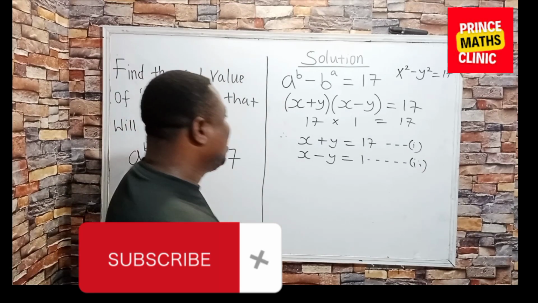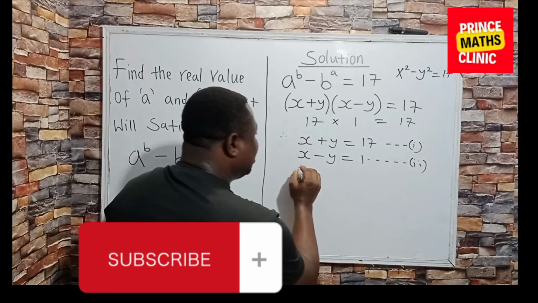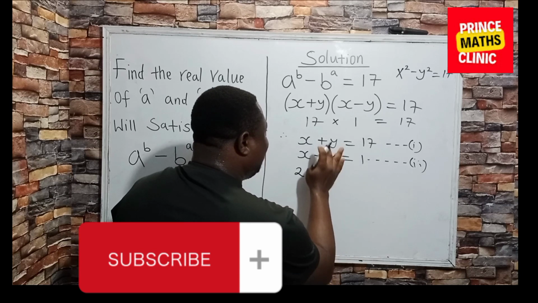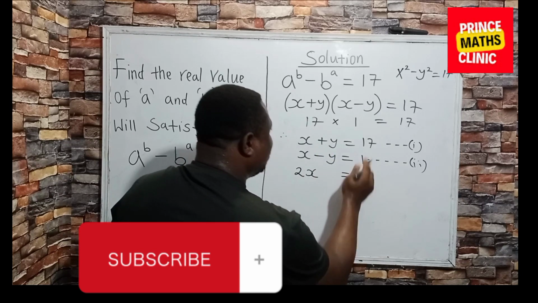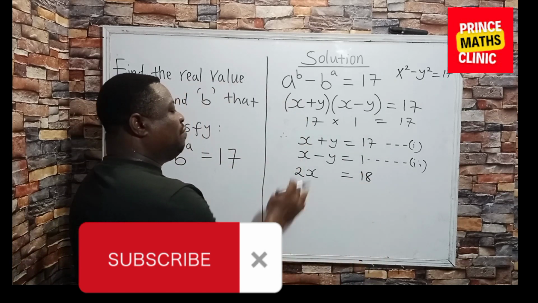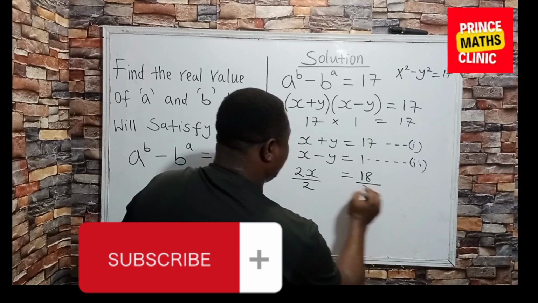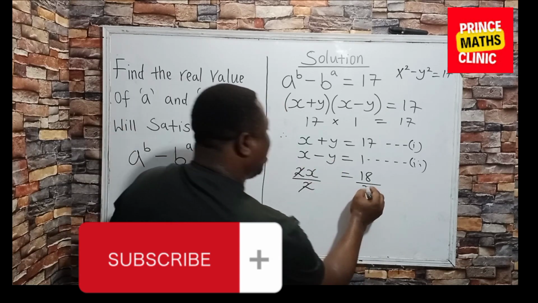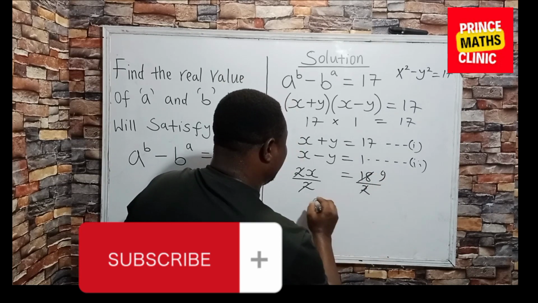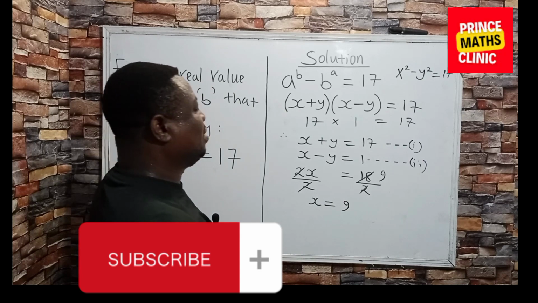That means if I add equation 1 and 2 together to eliminate my Y, this becomes 2X. If I add this part, it gives me 0. 17 plus 1 is 18. And if I divide both sides by 2, 2 will cancel 2, and 2 can go in 18 9 times. Therefore, my X is equal to 9.